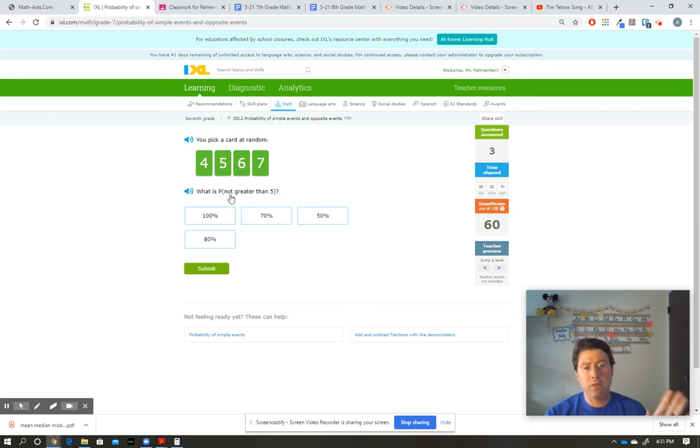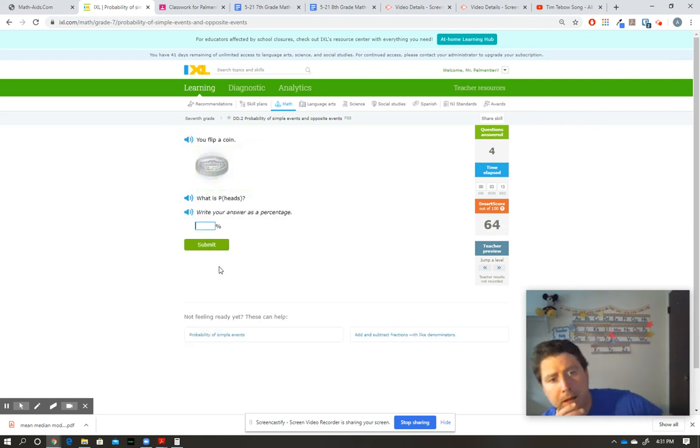What's the probability of not picking a card that's not greater than 5, which would mean 5 or 4. So that should be a 50% chance. Okay, it was weird how they word that. So there you go.